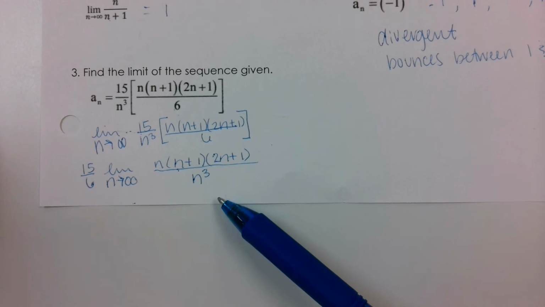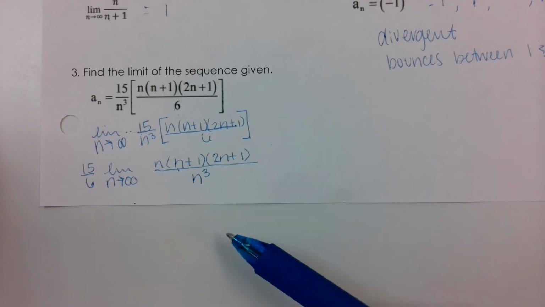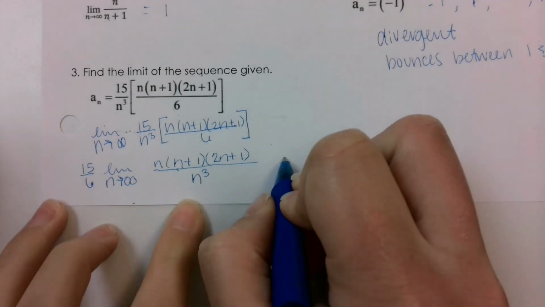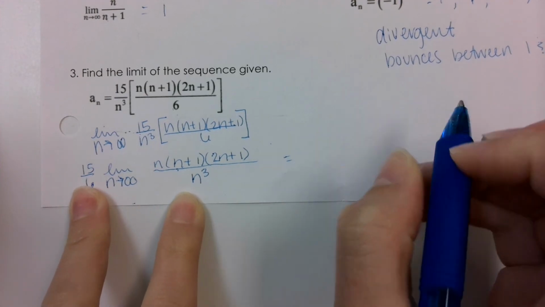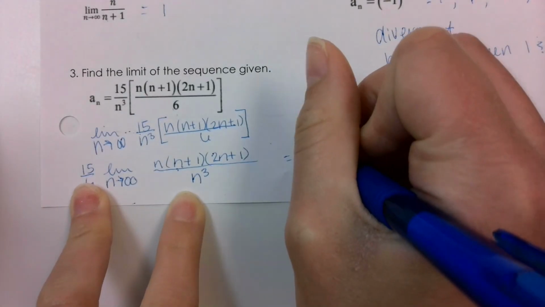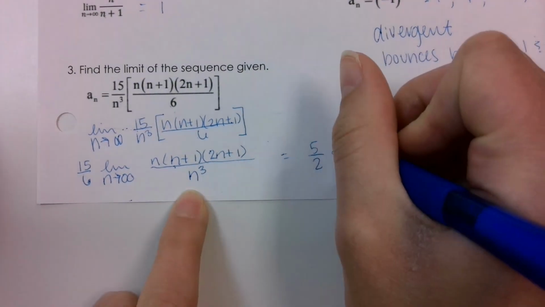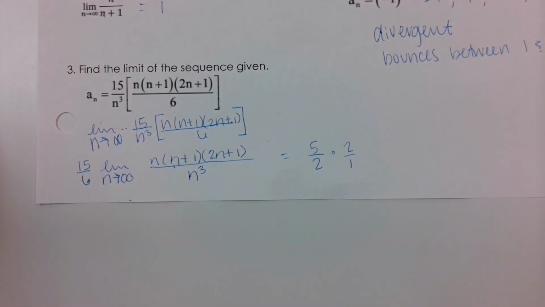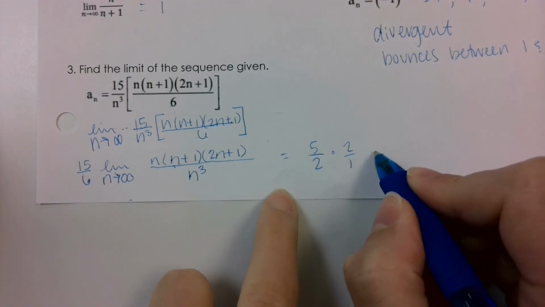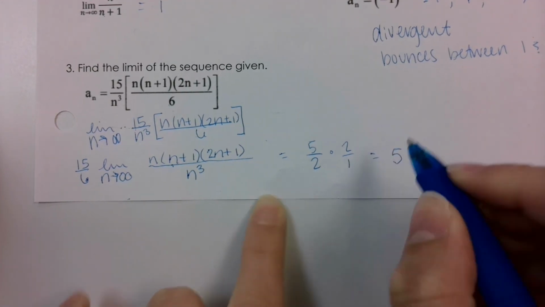So what do you do? Divide your coefficients, so 2 over 1. Right, so this whole thing is going to be 15 over 6, which reduces to 5 over 2, times, we said that was going to be 2 over 1. We need to do the HDC part. So then your 2's cancel and the whole thing just goes to 5.